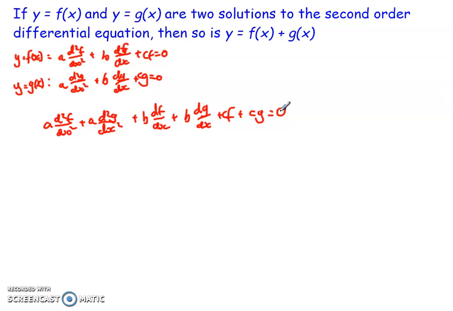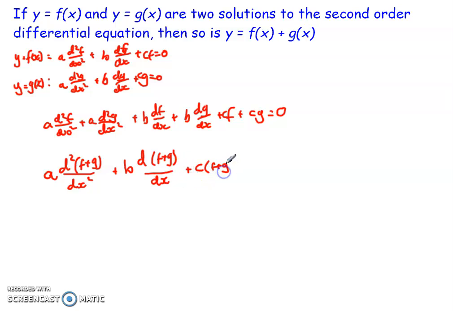So if I then use the additive law of differentiation, take a common factor of a, because these both have that, and then use my additive law from there, what I can then say is that a d2 of f plus g by dx squared plus b d of f plus g over dx plus c times f plus g equals 0 also works.